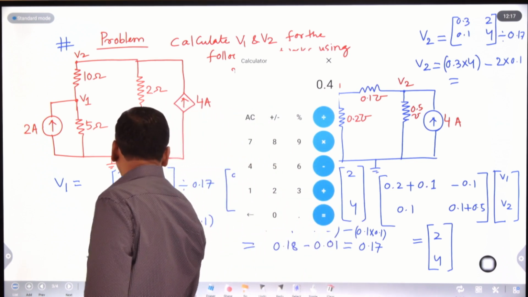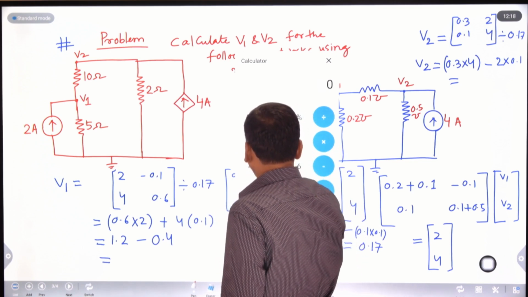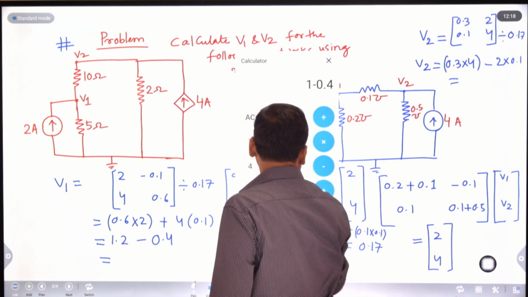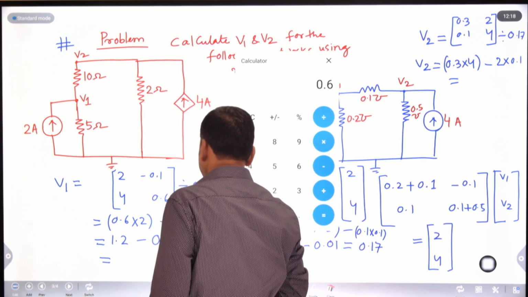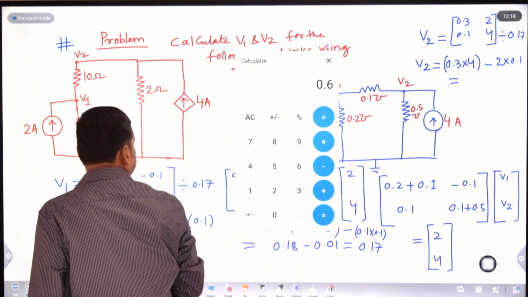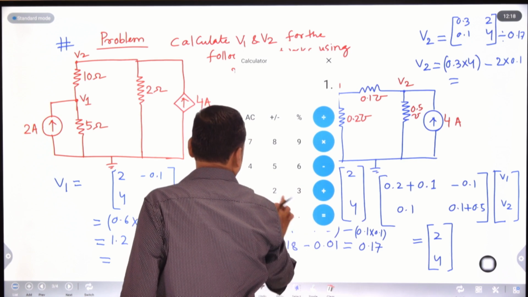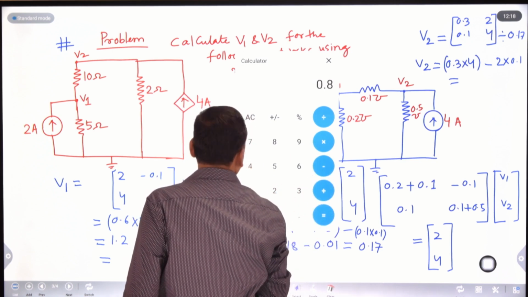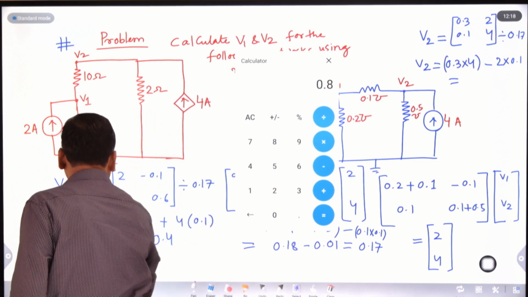The value will be 1.2 minus 0.4, that is 0.8. 0.8 volt, that is your V1.